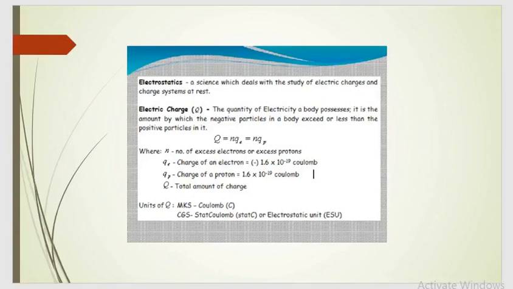Electric charge is a basic property of the elementary particles of which matter is made. These elementary particles are proton, neutron and electron. Proton is considered positively charged, electron is considered negatively charged, and neutron is an electrically neutral particle.